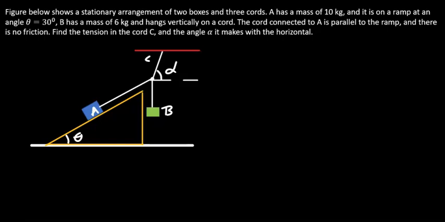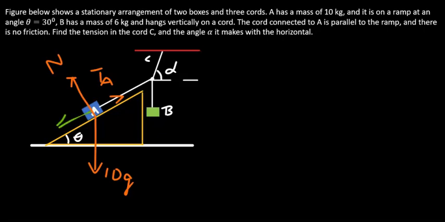Let's look at the free body diagram of body A. Of course, this part of that string has a tension. Let's call it TA. And then you have the weight. Since the mass of A is 10 kg, it is 10g. And then there is this normal force, N. 10g has 2 components.